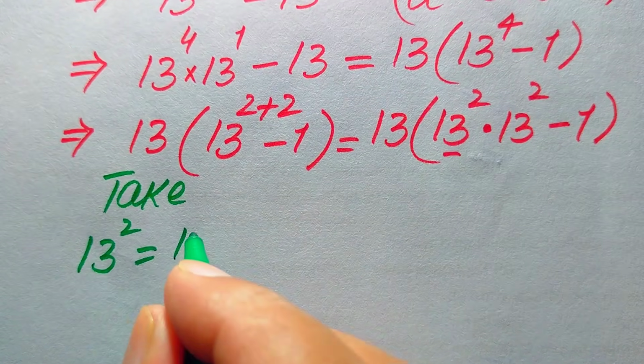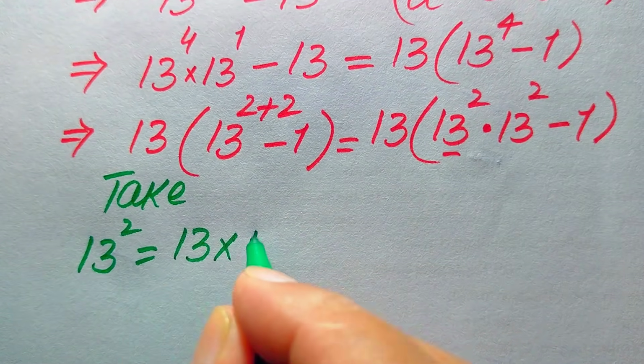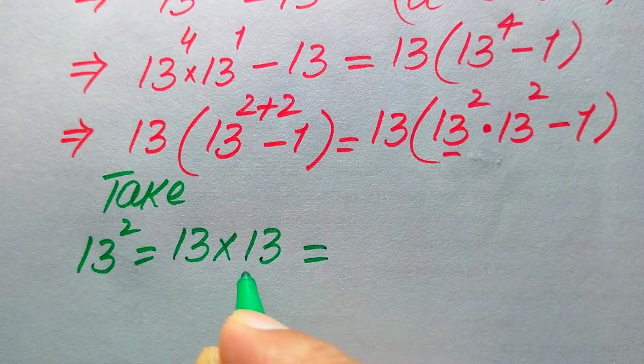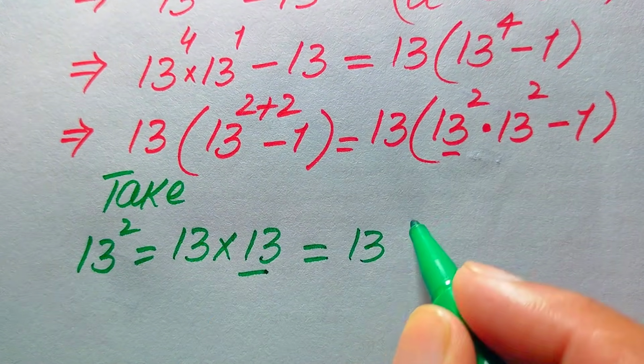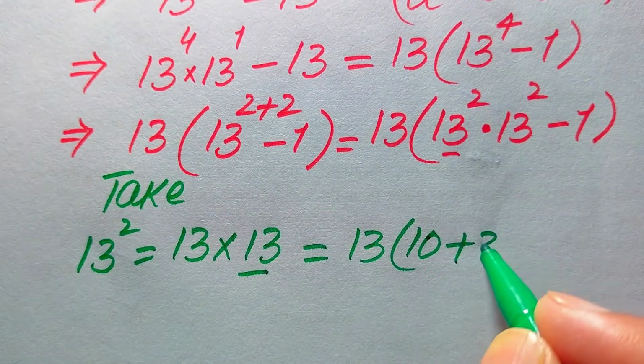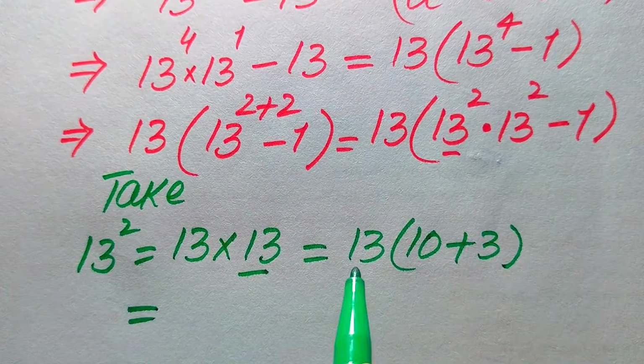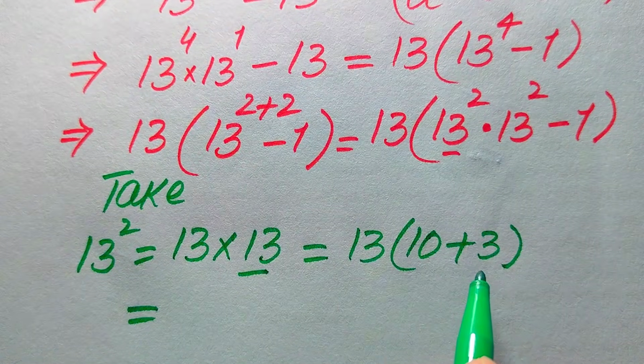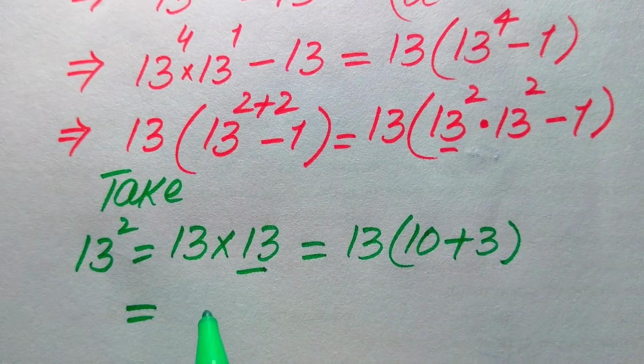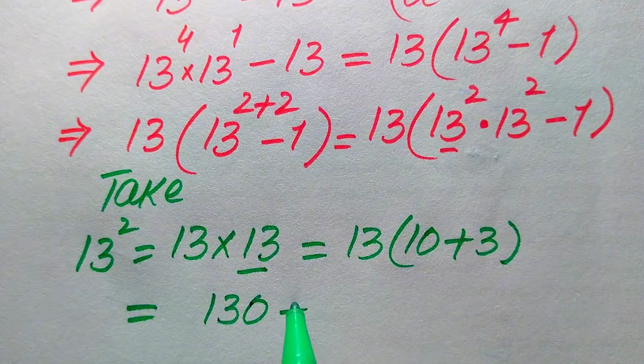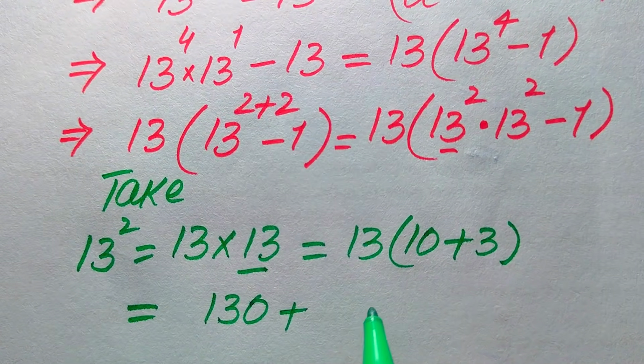So this is 13 squared, and we write it as 13 times 13, and further we write 13 as 10 plus 3. Okay, and now we multiply 13 separately by both of these two values, and we get 13 times 10 becomes 130, and 13 times 3 becomes 39.